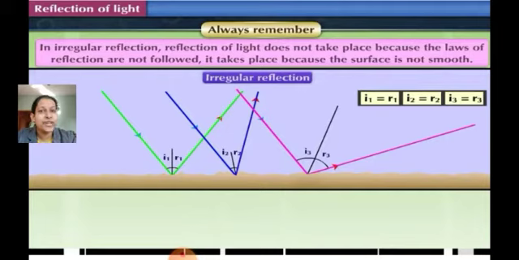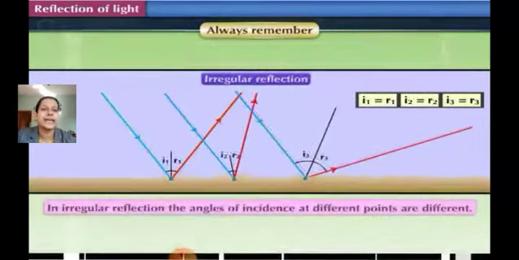Though the law of reflection is followed at a particular point, if you consider a wider range, you'll find that the laws of reflection are not followed at all the points. It takes place only because the surface is not smooth, and therefore at all the points it is not following the law of reflection, but at a particular point it can follow.